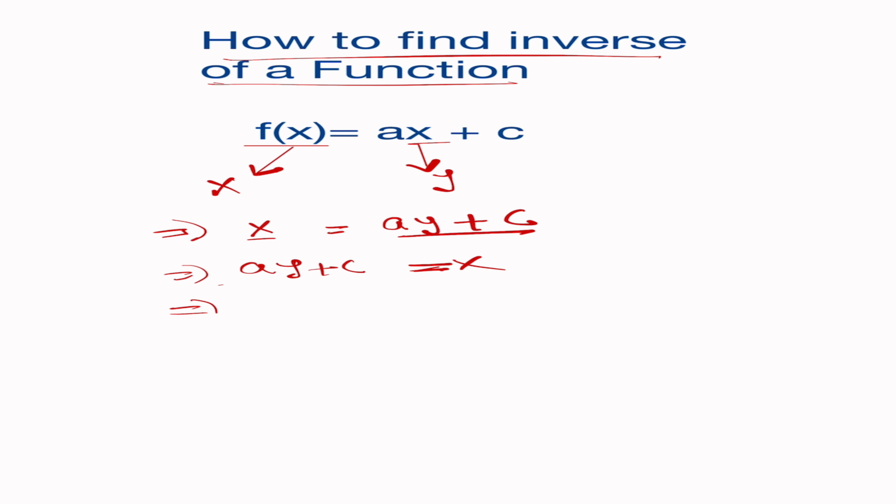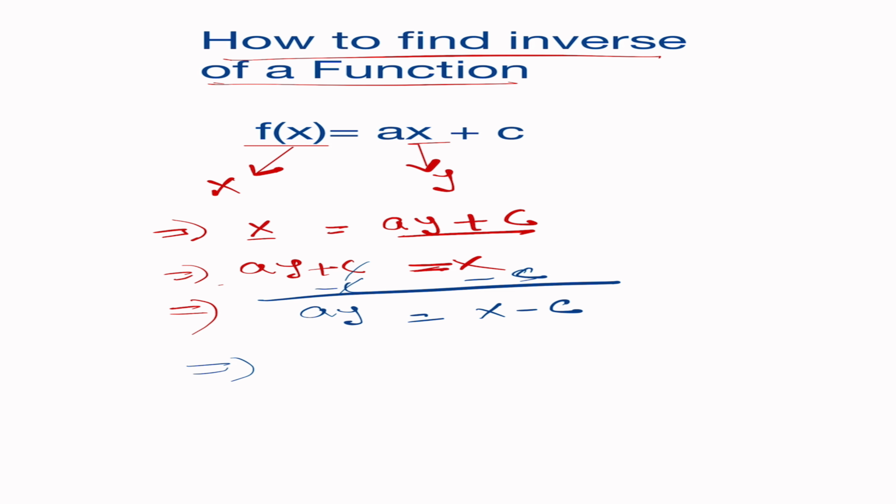Now we have to solve for y. We subtract c from both sides, so this c cancels. We get a y equals x minus c. Then we divide by a, so the a cancels out.